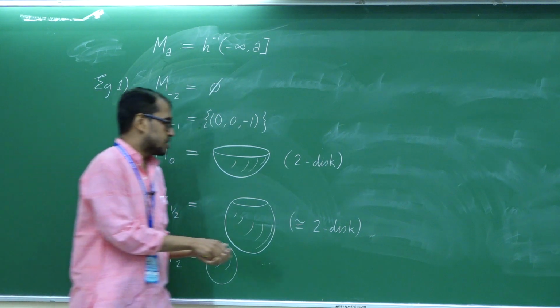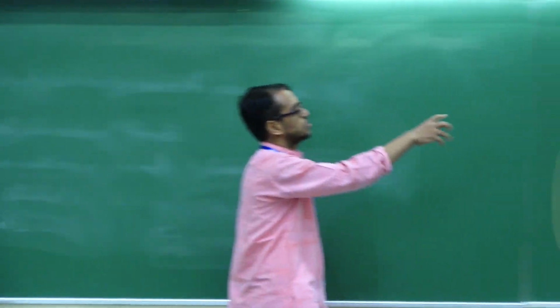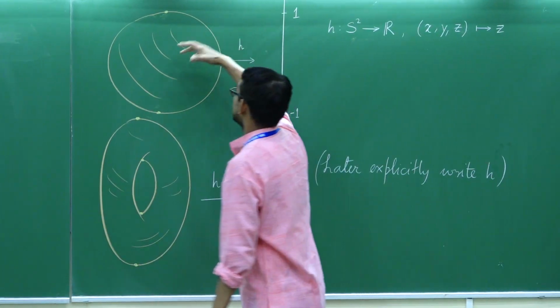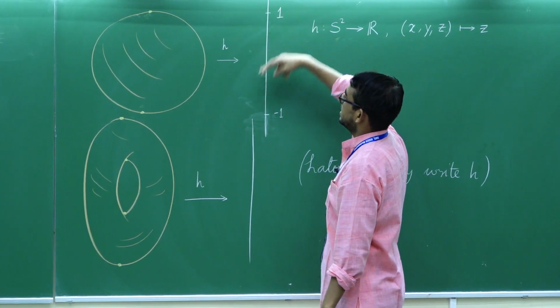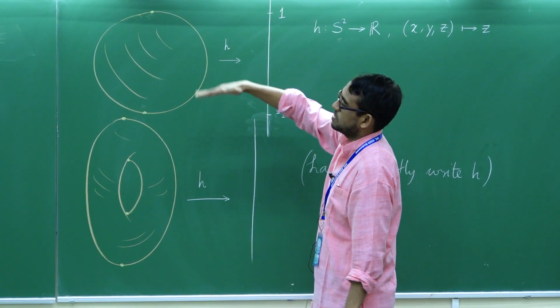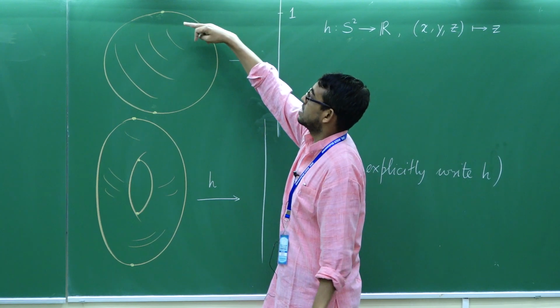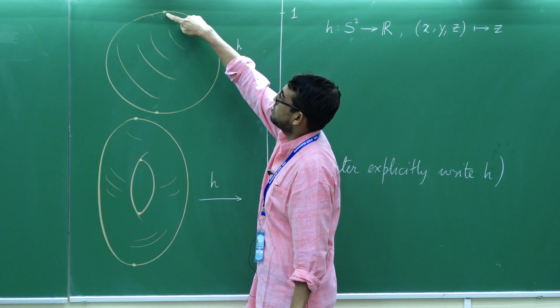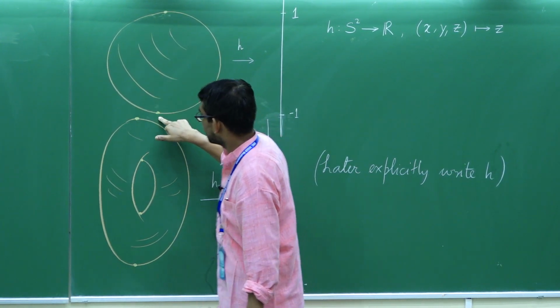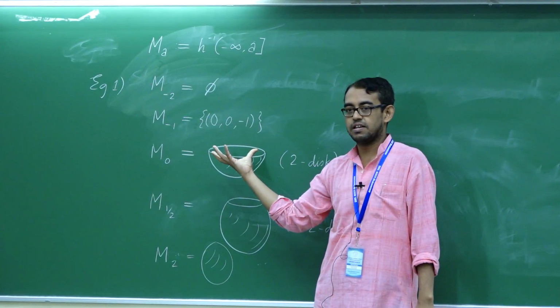Then you can try to use topology to gain topological information from the various level sets, and what happens when you pass various critical points. So here, the only thing happening is when you pass this critical point, the lower one, all of a sudden there's nothing and then you get a disk.